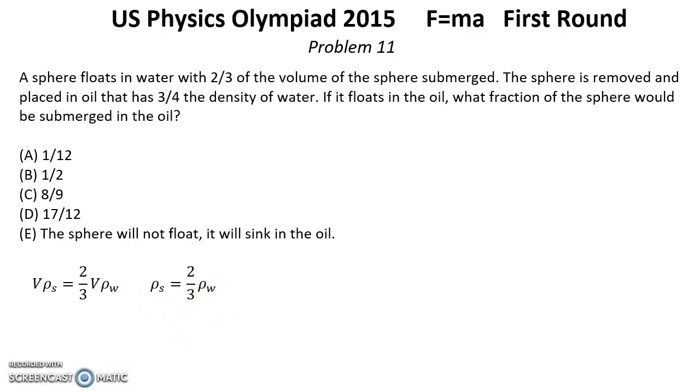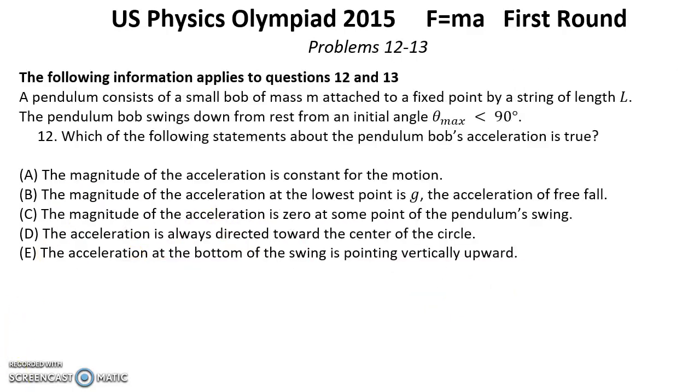And we also know that rho water equals 4/3 rho oil. If we put this into this one, we get that rho sphere equals 8/9 rho oil. It means that 8/9 of the sphere will be submerged in oil, which is answer C.